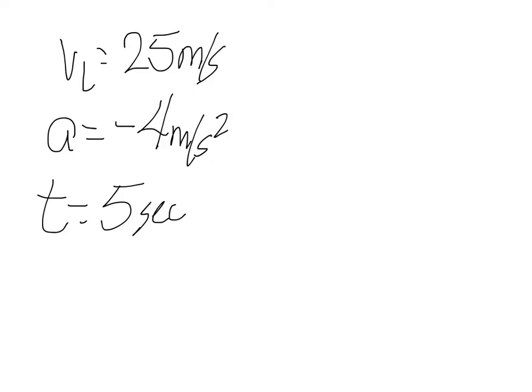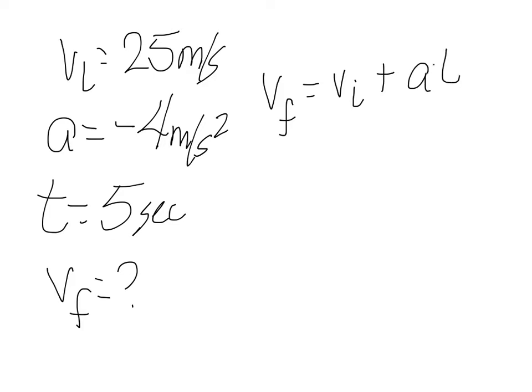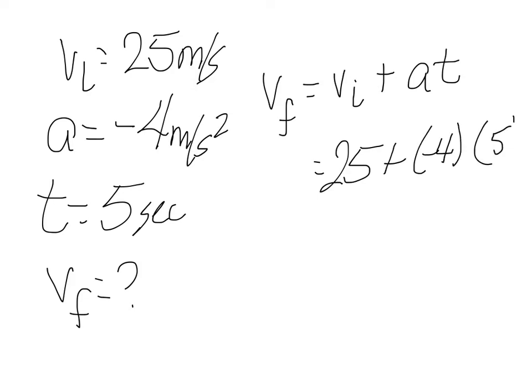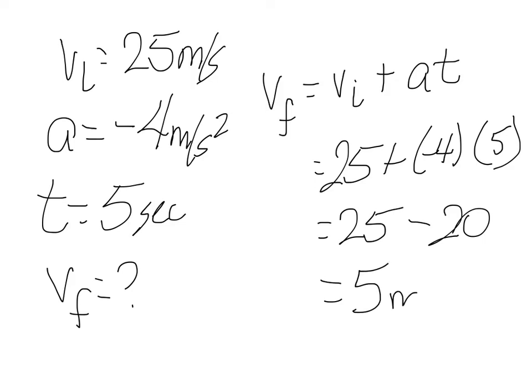So we know initial, acceleration, and time. We're wanting final velocity. So velocity final equals velocity initial plus AT. Put in what we know: 25 plus -4 times 5. So that's 25 minus 20. So he's now traveling at 5 meters per second.